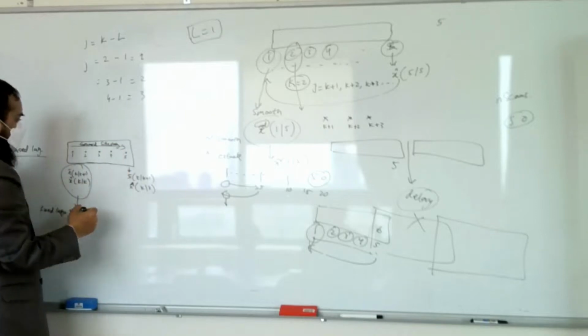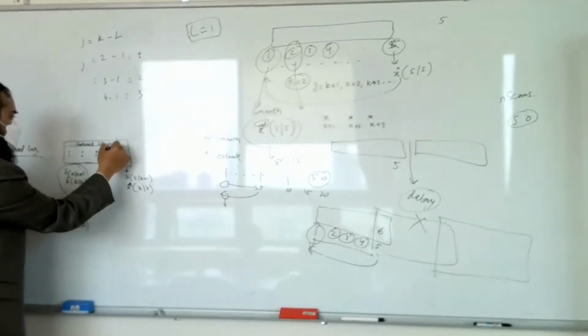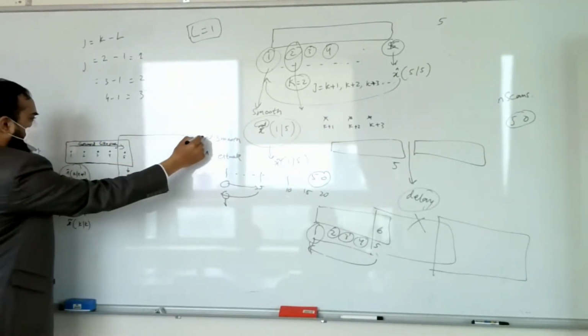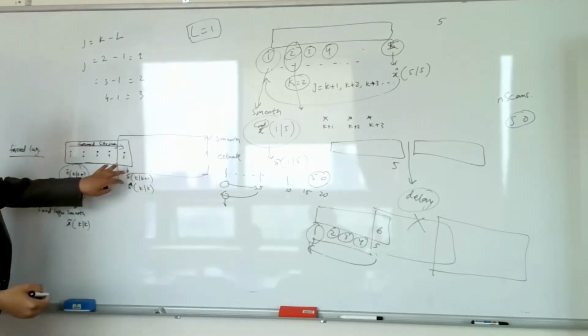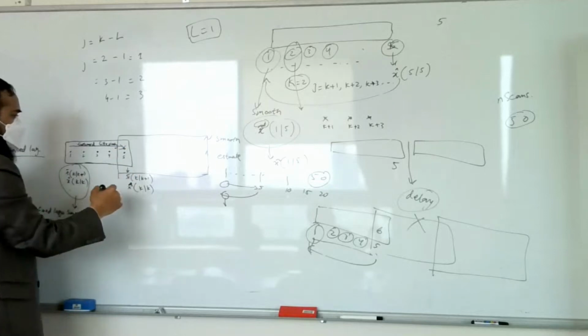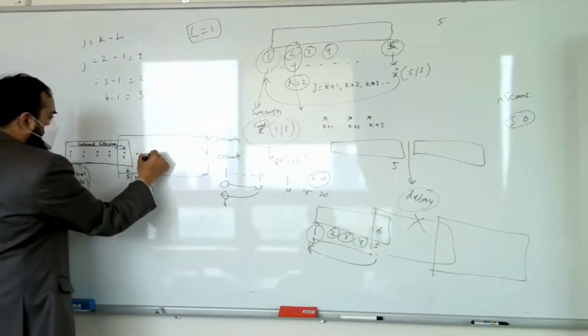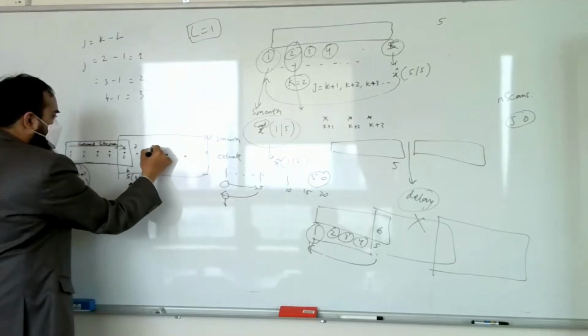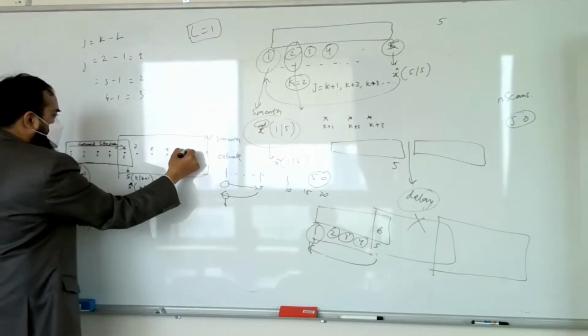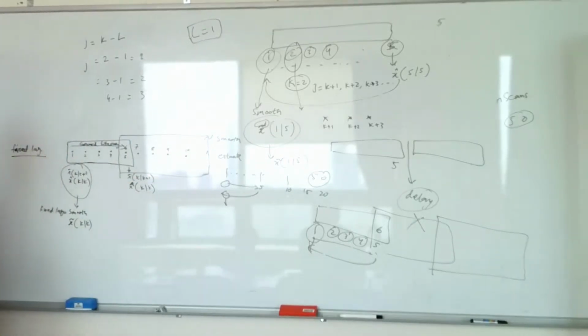The other scans will be overlapped here, 6, and then 7, 8, 9, and 10, like this.